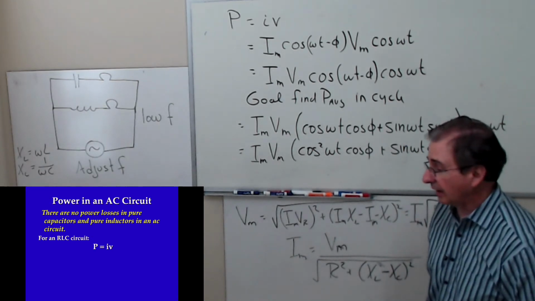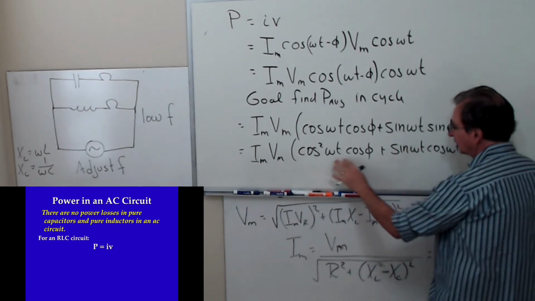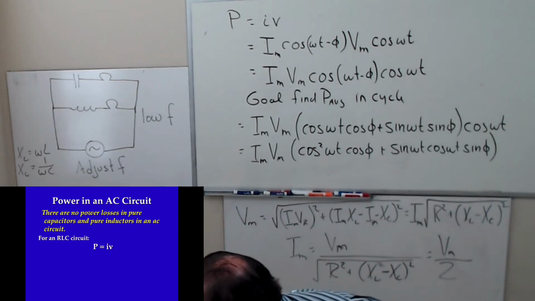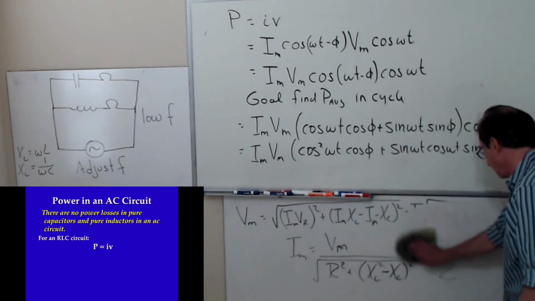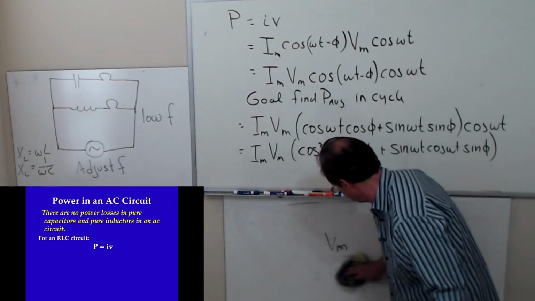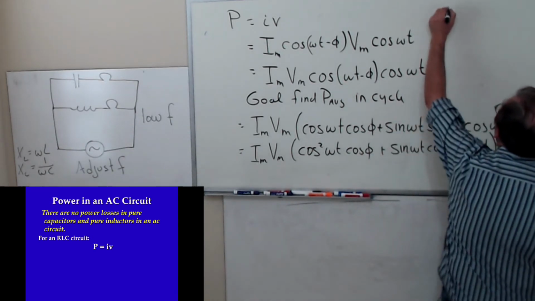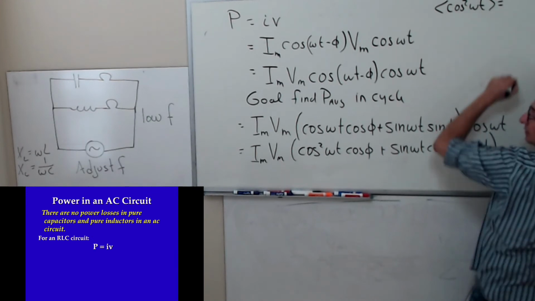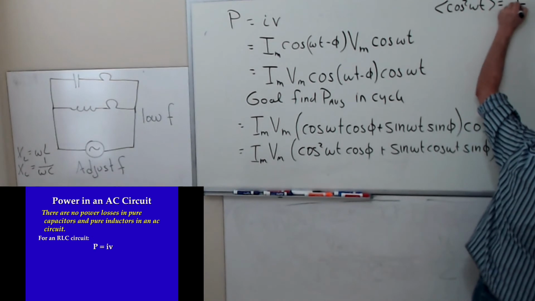So I'm going to take a time average of this term and a time average of this term. Look, we did the time average of cosine squared. What's the time average of cosine squared? From last week, do you remember? I'm not going to do the integral, I'm hoping you remember. What's the average of cosine squared? So I'm looking through my notes. Is it 1/2? It's a half, yeah. So this is a half.